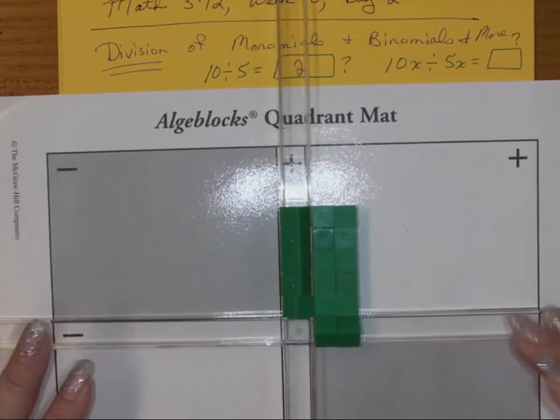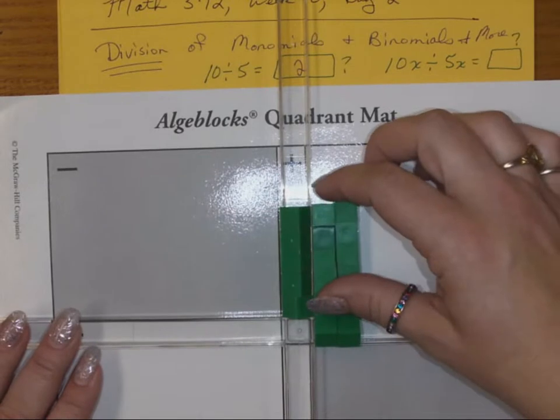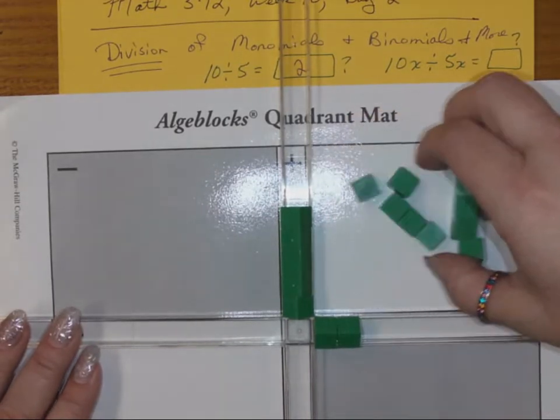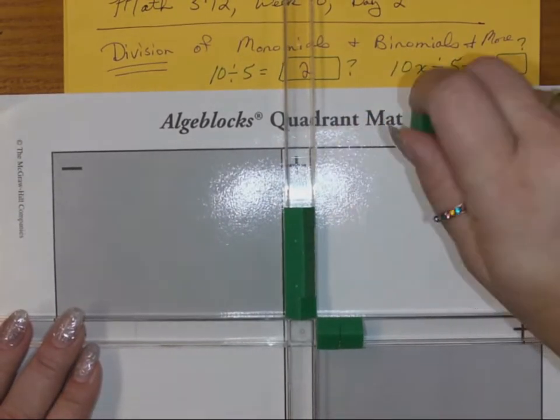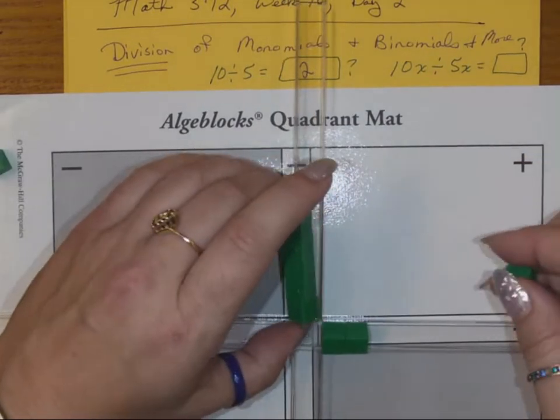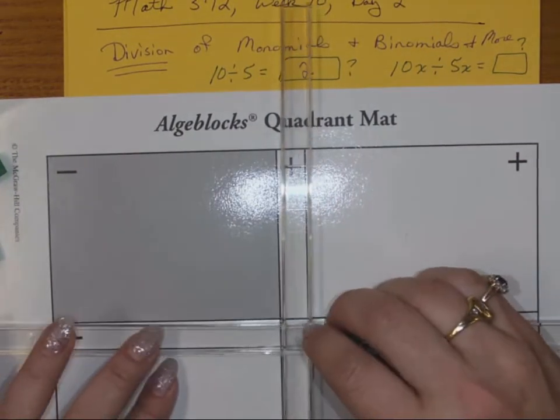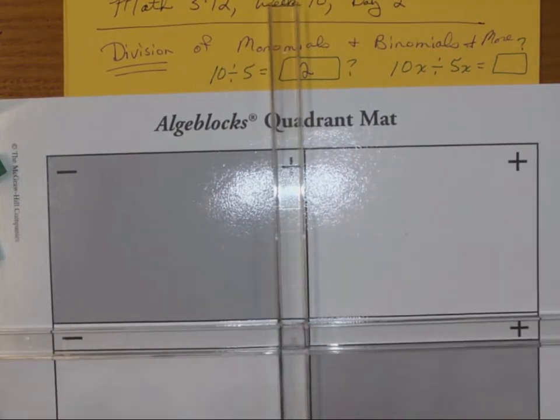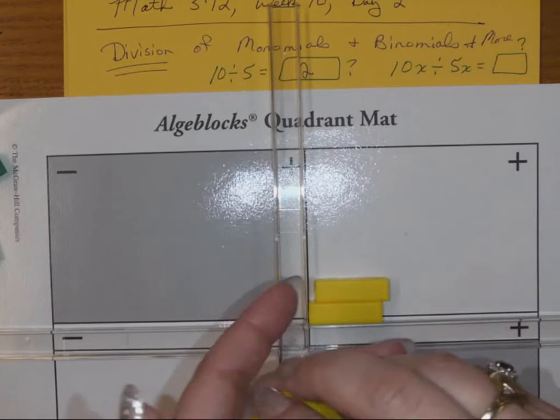Okay. So then it becomes, well, what if it was 10x divided by 5x? It's going to look very similar. So what should go here in quadrant 1? Should be 10x, right?